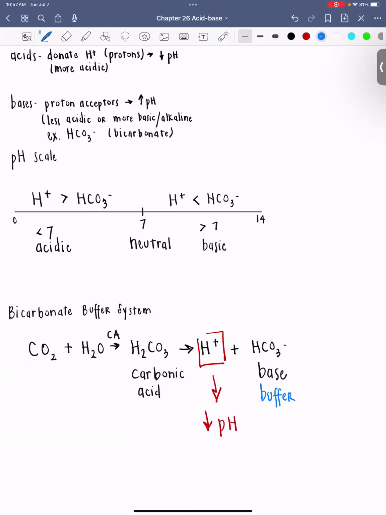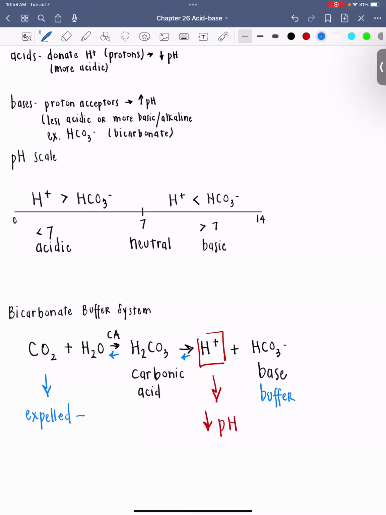So the bicarbonate is going to combine with the hydrogen, and then this reaction is going to occur in the reverse. So the combination of bicarbonate and hydrogen will form the carbonic acid. And then in the lungs, the carbonic acid dissociates into water and carbon dioxide. The carbon dioxide will be expelled as we breathe out.